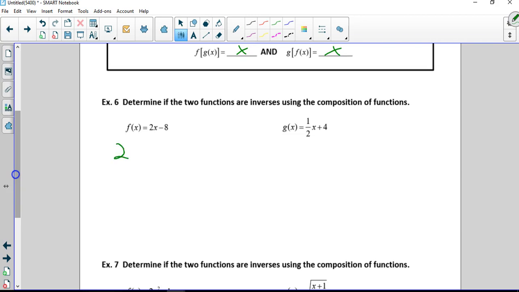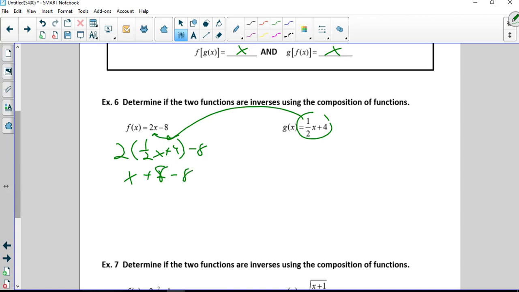So I'm going to write 2, take x out and put 1/2 x plus 4, minus 8. Notice I've taken g of x and plugged it in here. So I distribute the 2. Half of 2 is 1x plus 8 minus 8. 2 times 4 is 8. 8 minus 8 is 0.